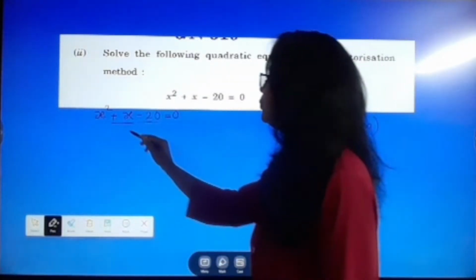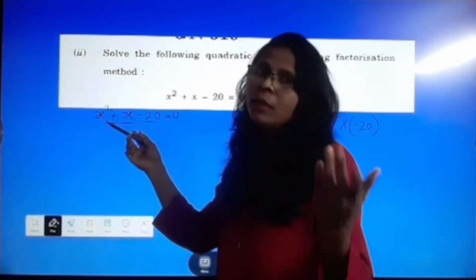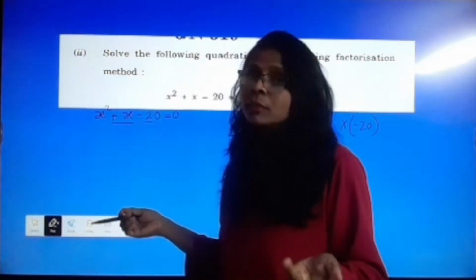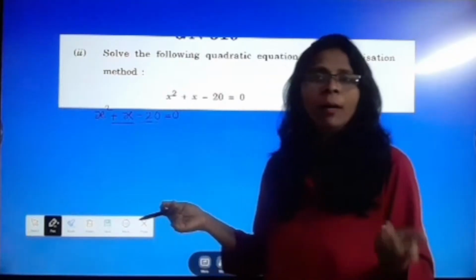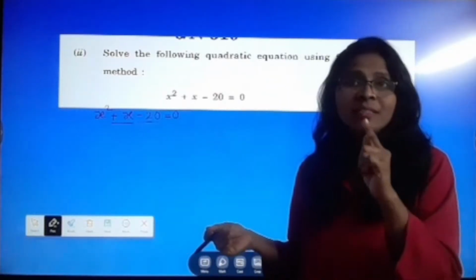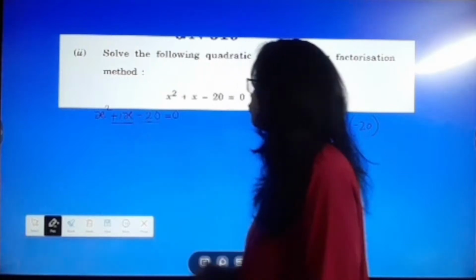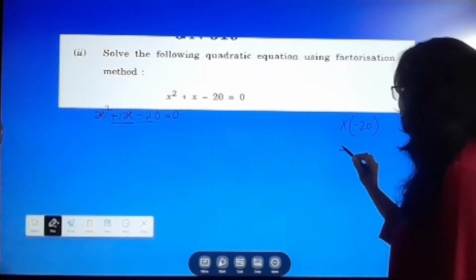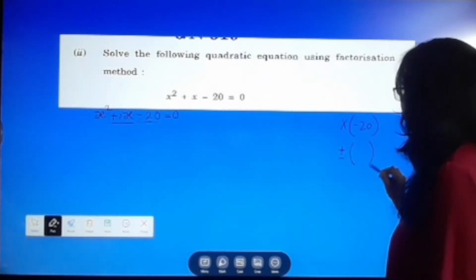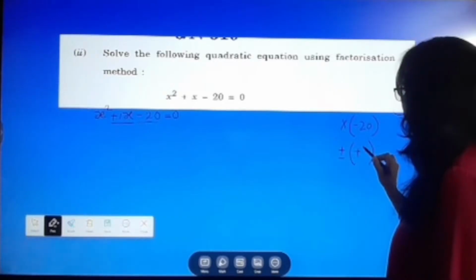And here the coefficient of x is not written, but it is still there, and that coefficient is 1. So here, students, the subtraction or addition should be positive 1.